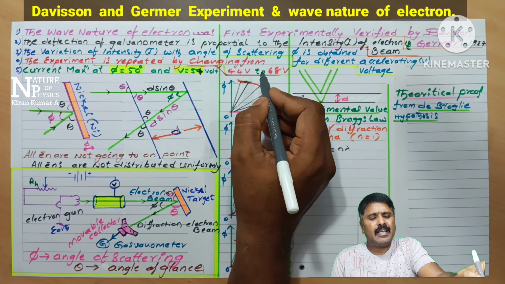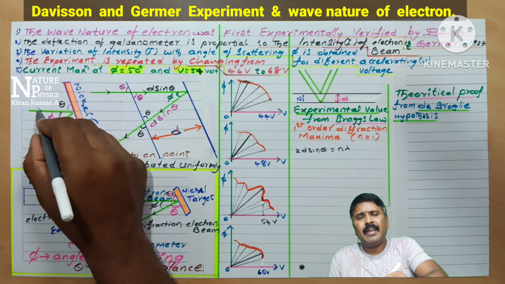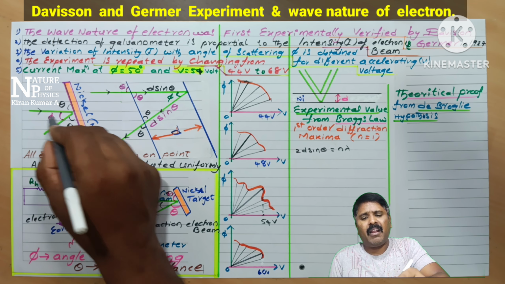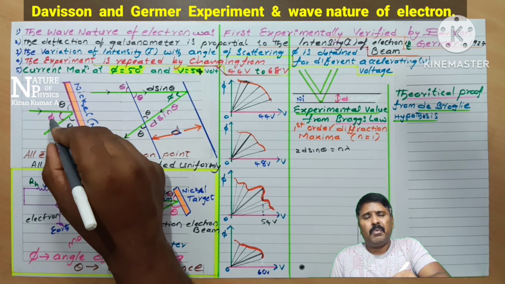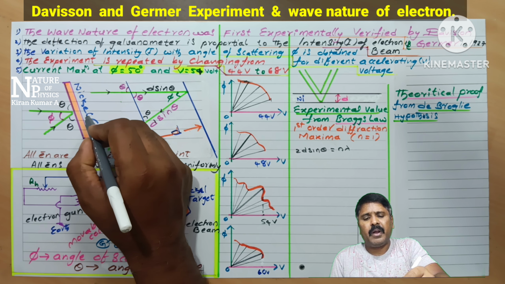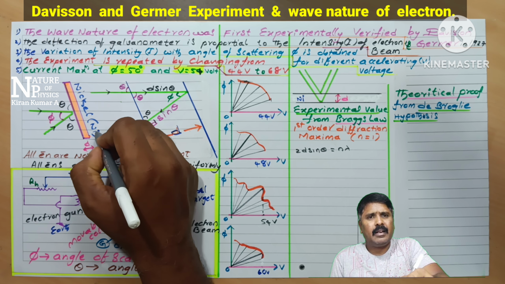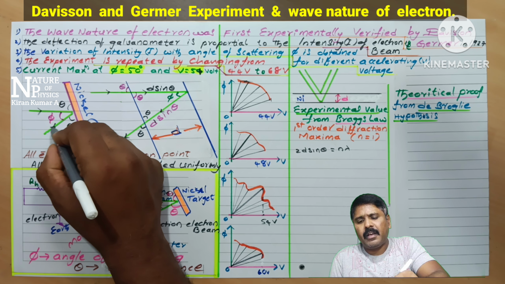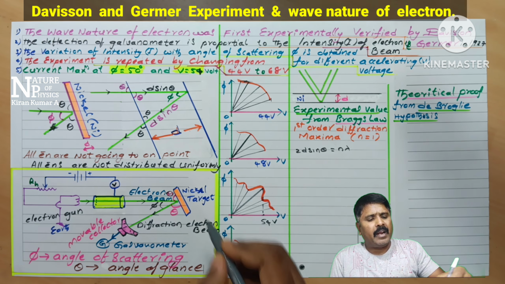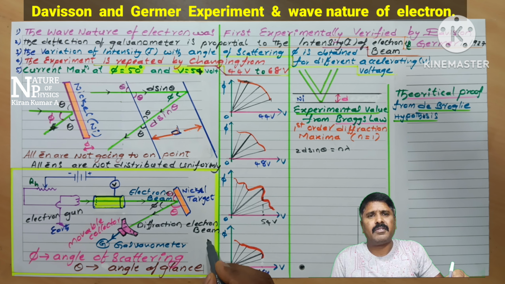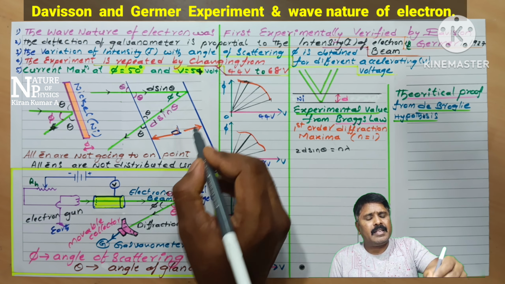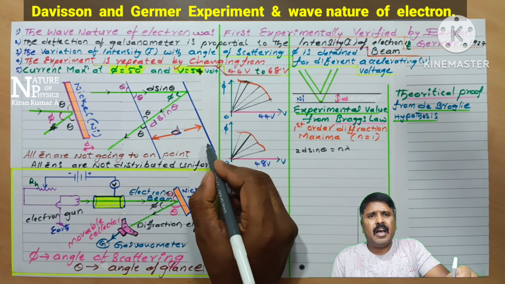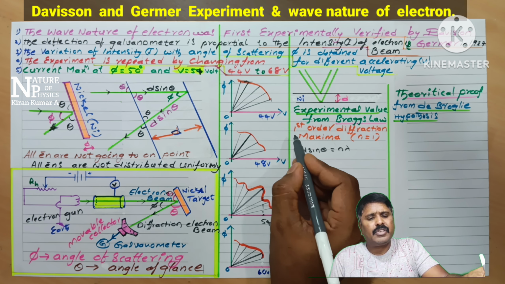volts, student. See there, first this is the incident beam of electrons, theta is the angle of glancing, and phi is the angle of scattering, student, and this is the nickel target, and this arrow mark represents the diffracted beam of electrons, student. Again we are discussing, D is the thickness of the nickel target, student.